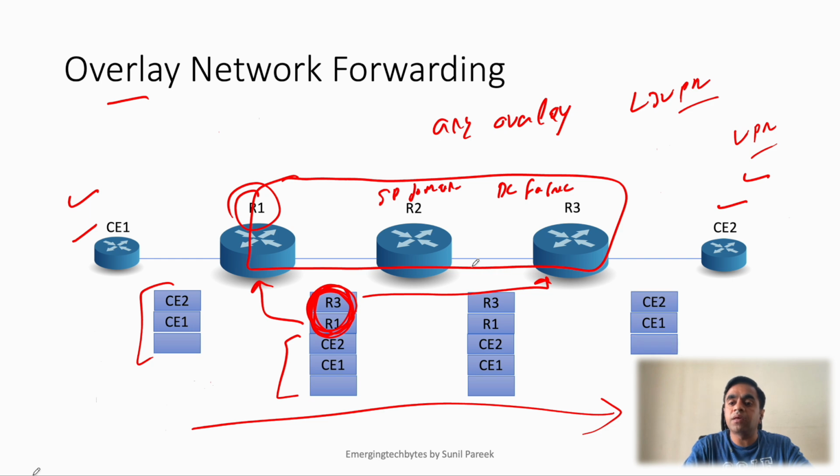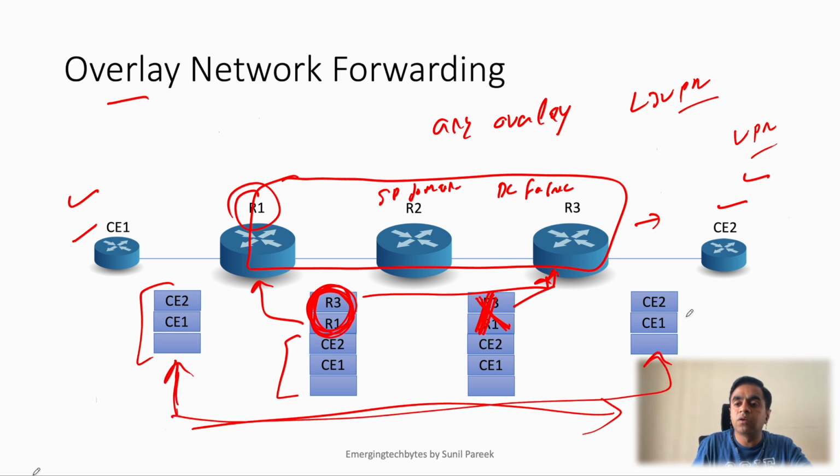And then R3, because it is the final destination, will remove this outer packet and send the original packet that you see here towards CE2. That is how forwarding works in any overlay network.